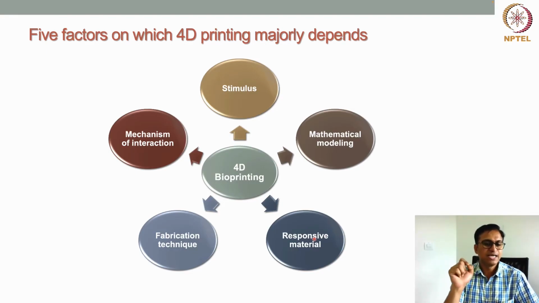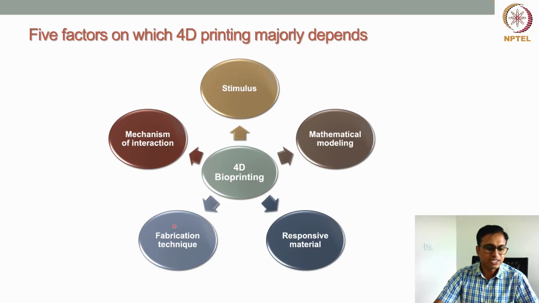So that is another way to control the changes of the material, and in that case also we can program those changes by using this responsive material. So different types of responsive materials are mostly used for 4D bioprinting applications.